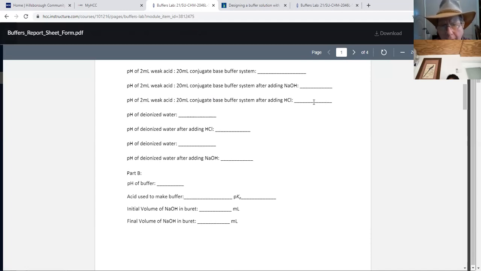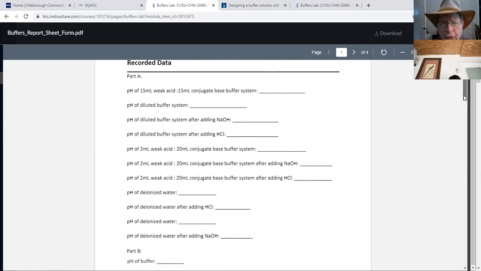This one, you can do it if you want to. Basically you're adding, I think, 3 milliliters of HCl to the buffer. It's just an extra step. If you want to do it, good. Because he didn't put it in the procedures, I'm not going to be that harsh. I'm going to let it go.